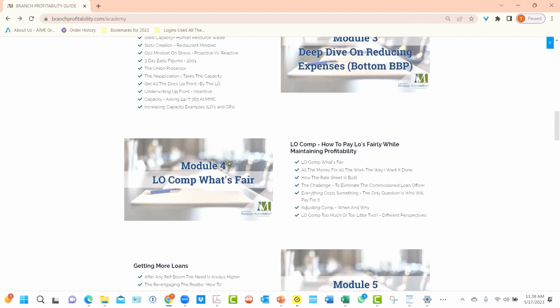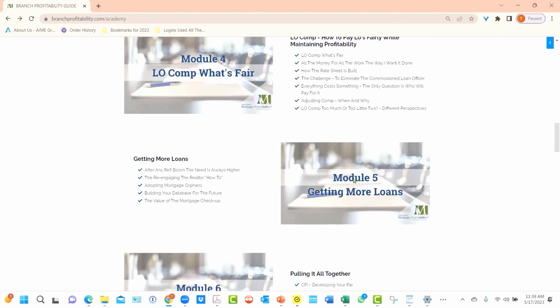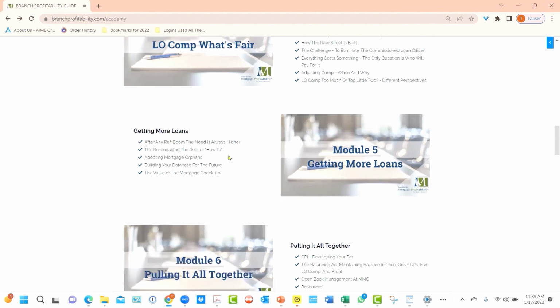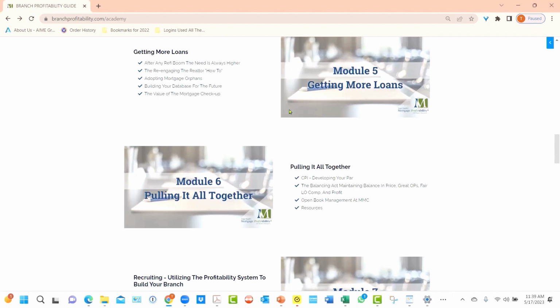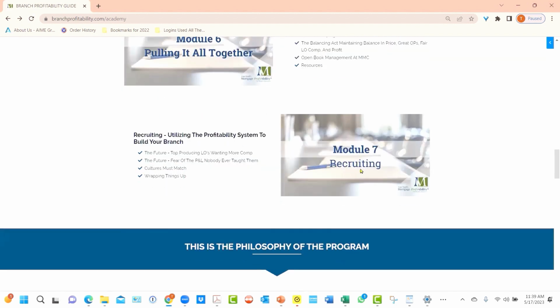LO comp, what's fair, is module 4. Module 5, it's huge. We just added this. How do you get more loans in today's system? Because we need more loans today. I had to add it in there. Number 6 pulls it all together. And number 7 talks about how you utilize what you just learned to recruit the right people through the process.